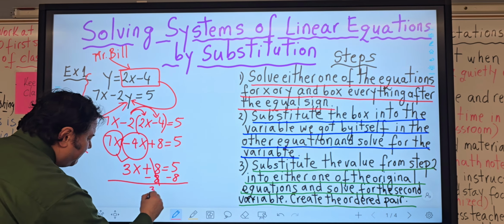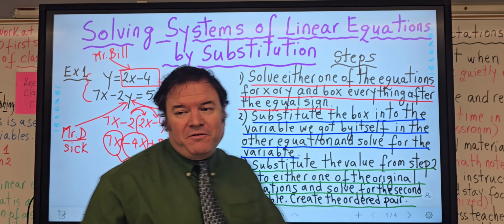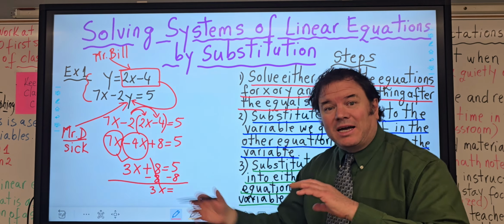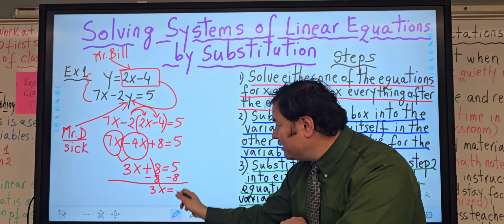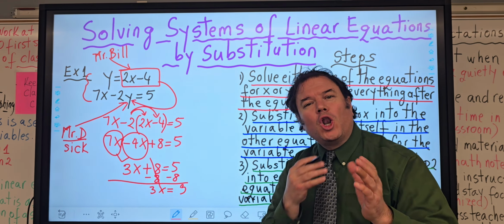So we have 3x left over equals 5 and negative 8. Remember, opposite sign subtract. 8 minus 5 is 3. Take the sign of the larger number, so we took the sign of negative 8 and we get negative 3.